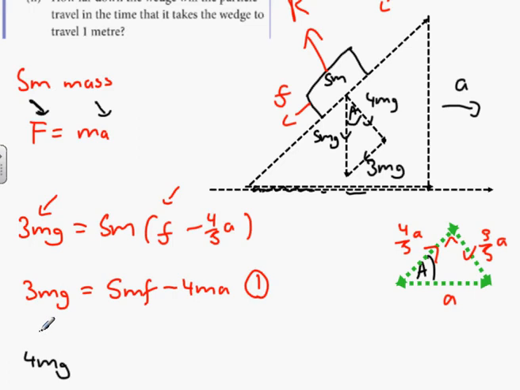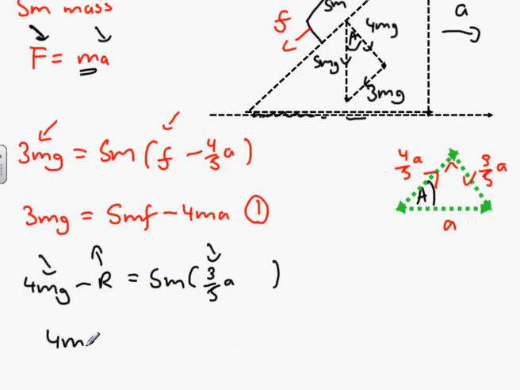Anything opposing that motion? R. Okay. And then what's m? 5m. And then find the acceleration. Going diagonally right down. 3 over 5 a. And then lo and behold, 4mg minus R equals 3ma. And that's equation 2.